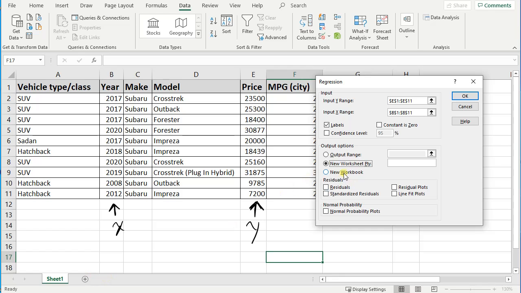A new workbook means it's going to open up a whole other Excel file and do that for you. Then there are residuals, standardized residuals, residual plots, and line fit plots. Right now, I want you to click the residuals and the line fit plots. These are very helpful in discussing your interpretations of your results. We'll leave the others unclicked for right now.